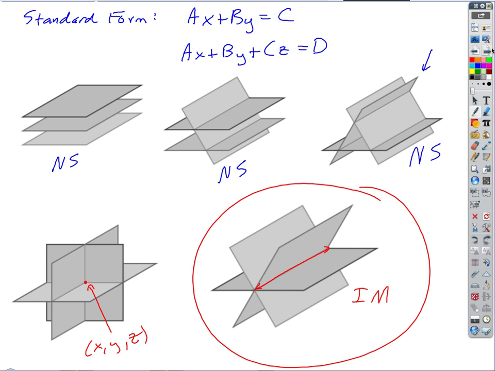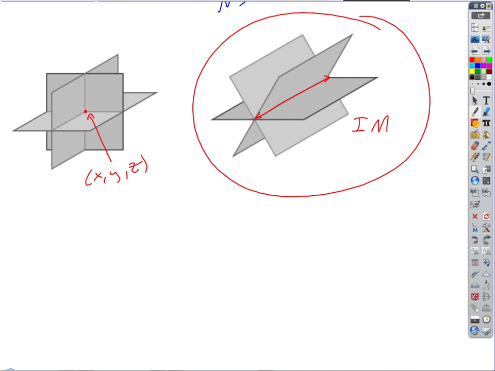What about something like that? A single solution, right? There's only one point, and it could look different ways. Maybe this plane is tilted sideways, and it doesn't have to look quite that nice, but that's the kind we're usually looking for, a single solution.